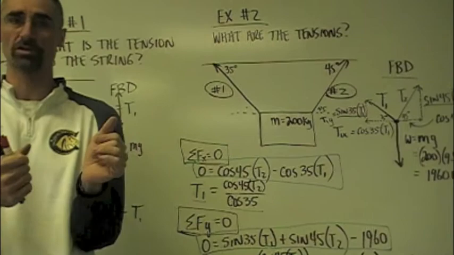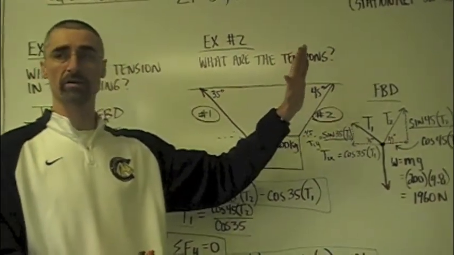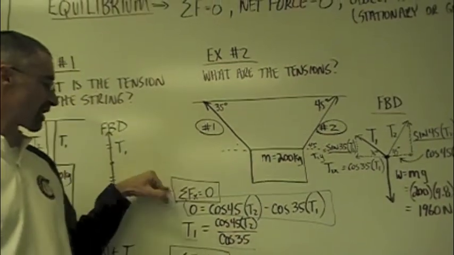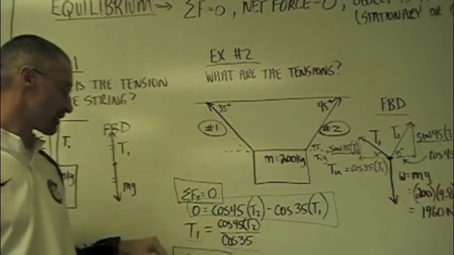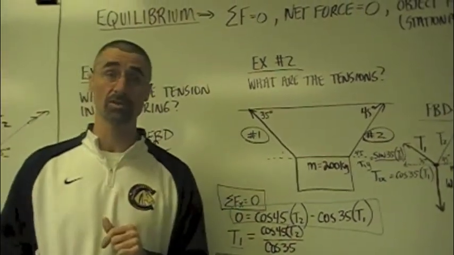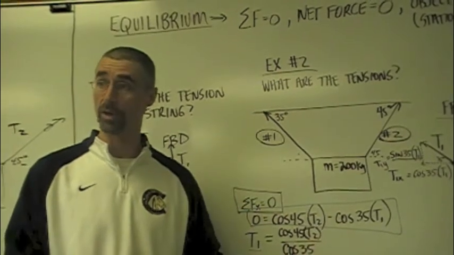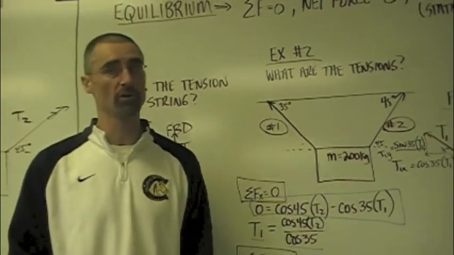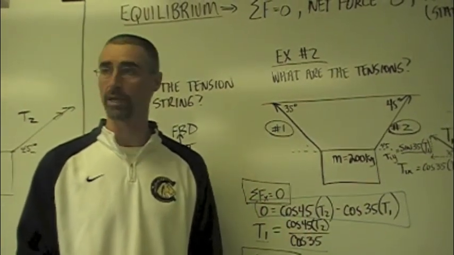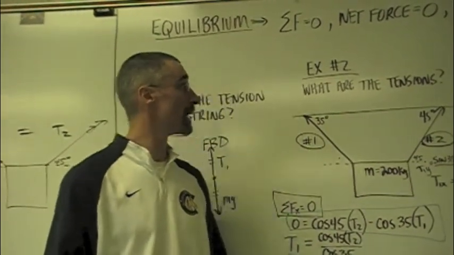Sum them, set them equal to 0. If you have weird angles, that's where we kind of get into the vector nature of this. You're going to have to sum the x's and set them equal to 0, sum the y forces and set them equal to 0. And guys, a lot of times in these problems, you're going to end up with 2 equations and 2 unknowns, which is pretty simple math. You guys should be able to rock that. Okay? All right, that's equilibrium.